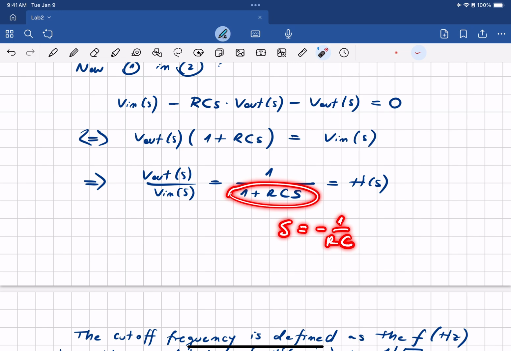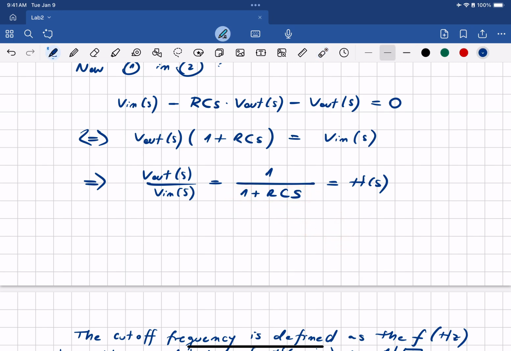Based on what you have learned in the lectures, we can very quickly depict the magnitude Bode plot for this. We're going to go through, in a following video, how to actually measure this Bode plot in terms of magnitude and angle.